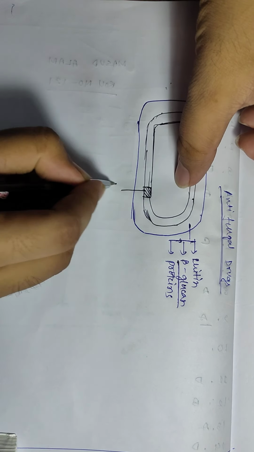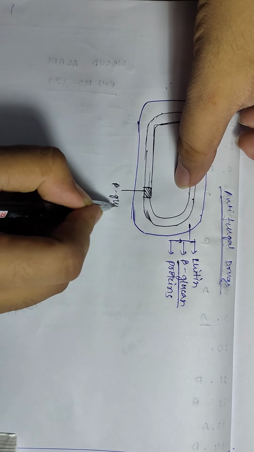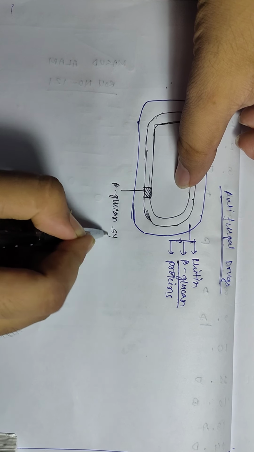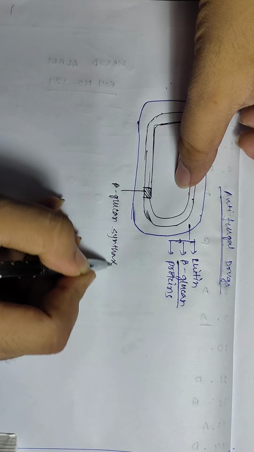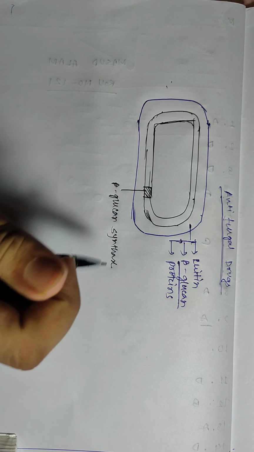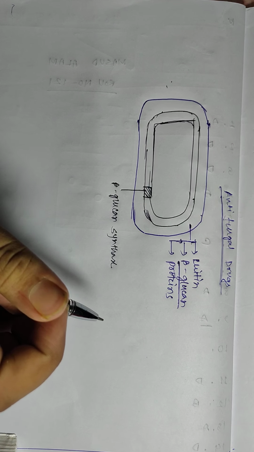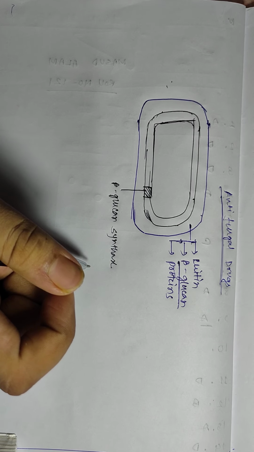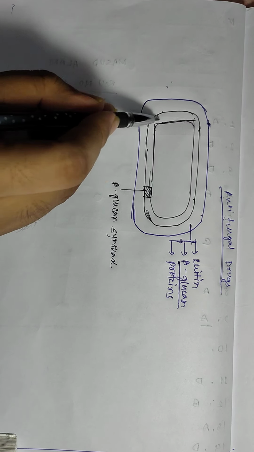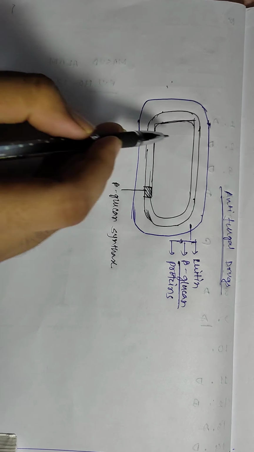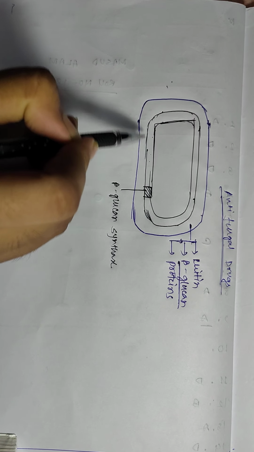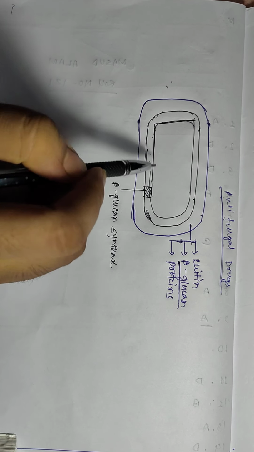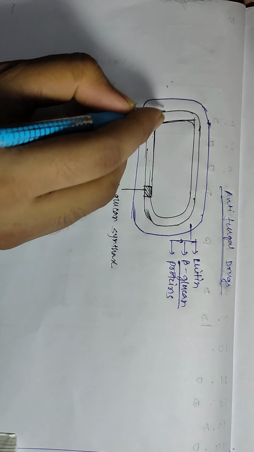So this is the beta-glucan synthase enzyme, right? And this is the cell membrane, and the cell membrane of the fungus is made up of ergosterol.